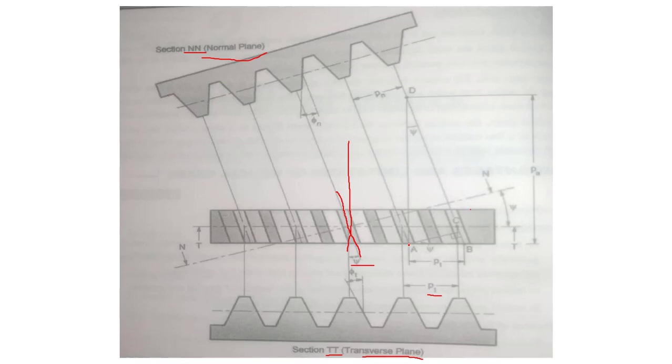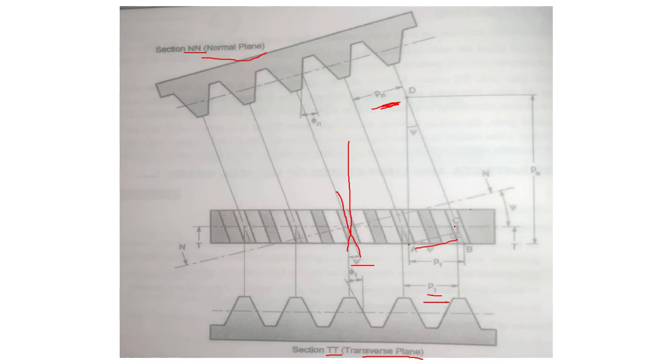This is the A point of this triangle, and AB is the transverse pitch, whereas AC is the normal pitch, which is on the normal plane. So the length of AC is the same as the pitch on the normal plane, and the length of AB is the same as the pitch in the transverse plane.